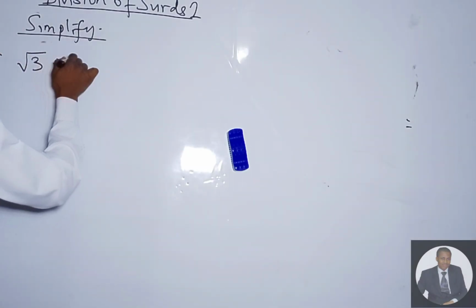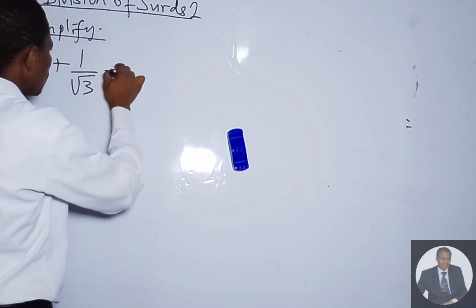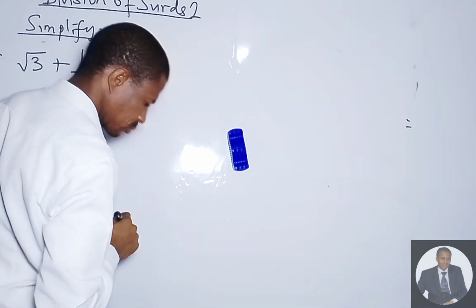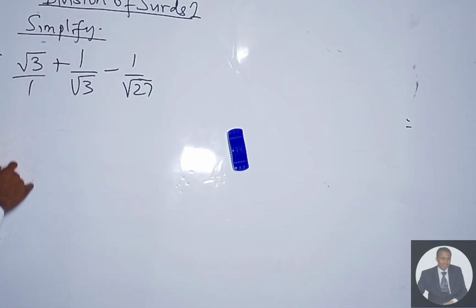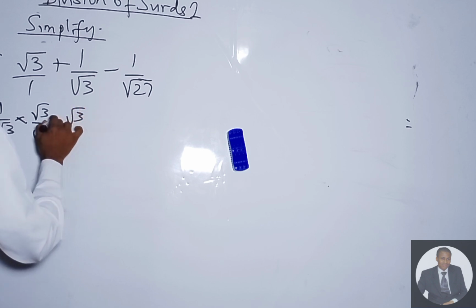Simplify root 3 plus 1 over root 3 minus 1 over root 27. Since this is a simplification of fractions, let's simplify each fraction. 1 over root 3 is the same thing as saying root 3 over 3.